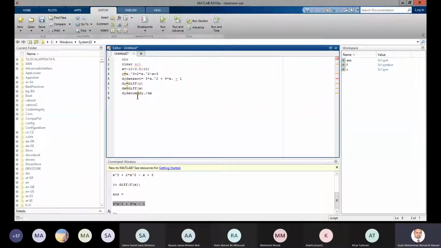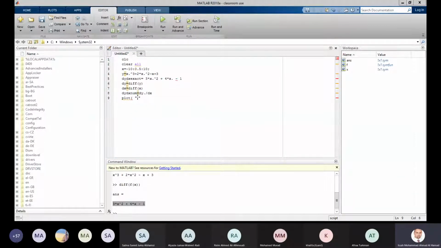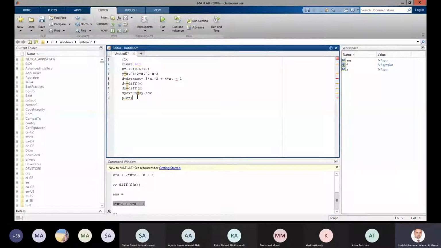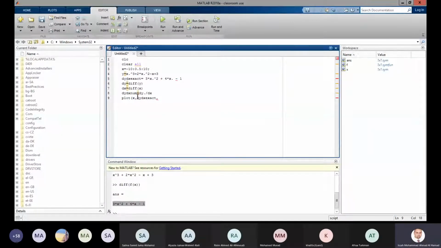Now let me plot them together and check how they compare to each other, or how accurate our numerical derivative is compared to the exact derivative. So let me plot x with dy/dx exact, and x with dy/dx numerical.